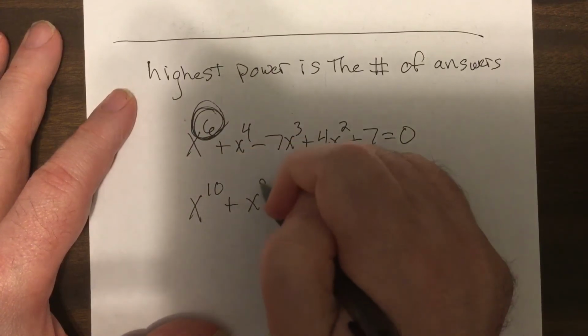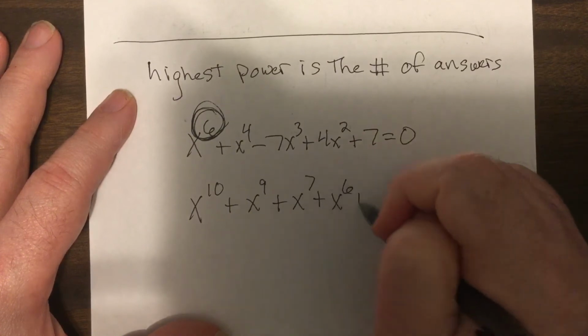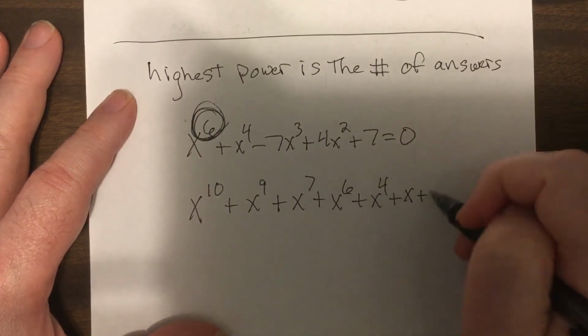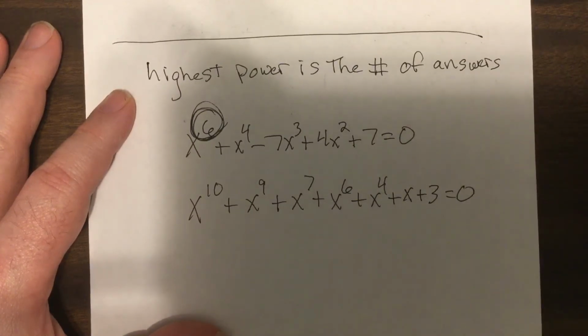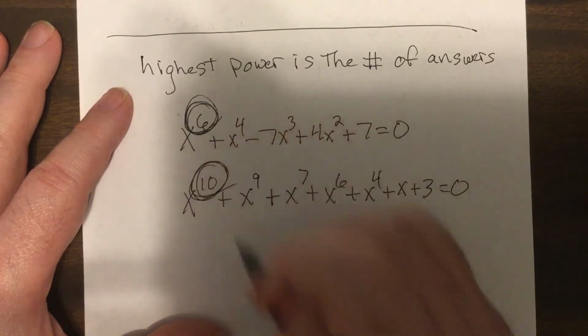So if I have x to the 10th plus x to the 9th plus x to the 7th plus x to the 6th plus x to the 4th plus x plus 3 equals 0, and I said, how many answers are there, my peeps? It's 10.